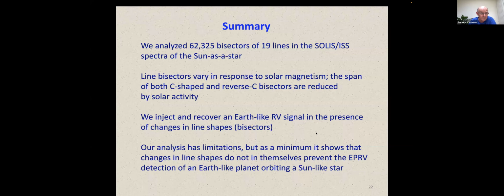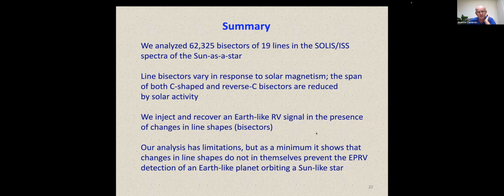Because one of the things that worries me, particularly with supergranulation, is that you have extensive patterns of horizontal flow on the surface, which essentially move the fluid in bulk and may well introduce Doppler shifts without affecting the bisectors.